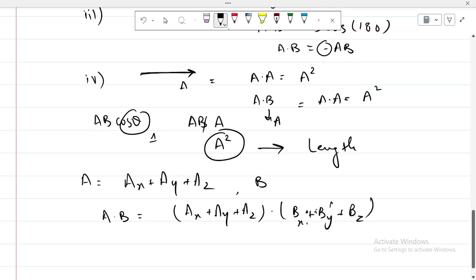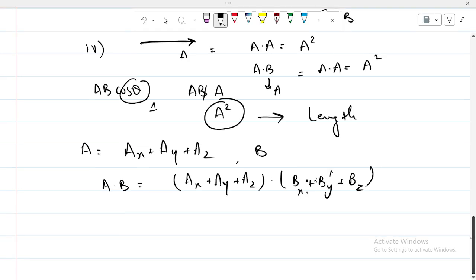So these are the components of these vectors, and we've already talked about what the components really mean for a vector. By the way, whenever we are talking about dot product, it is necessary that we multiply them component-wise. So ax is going to be multiplied with bx only, ay with by, and az with bz.